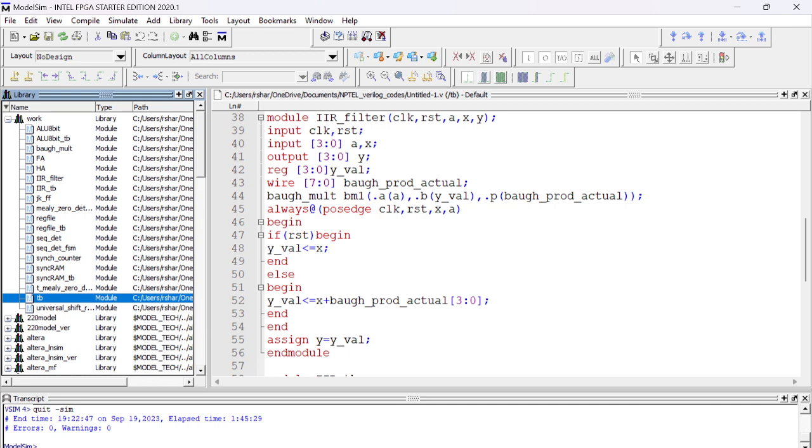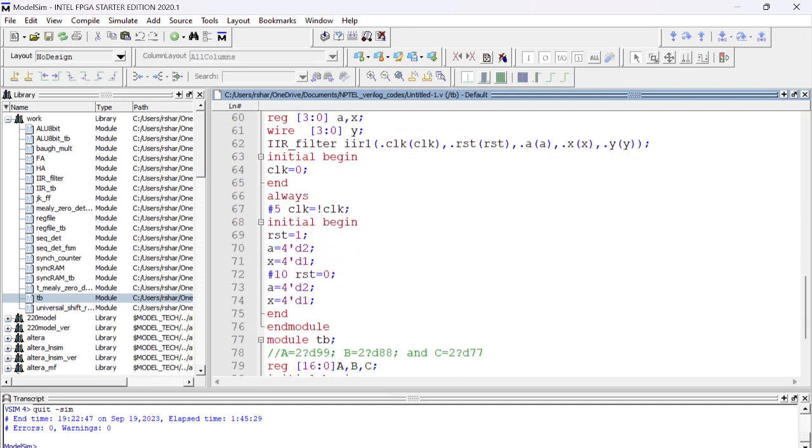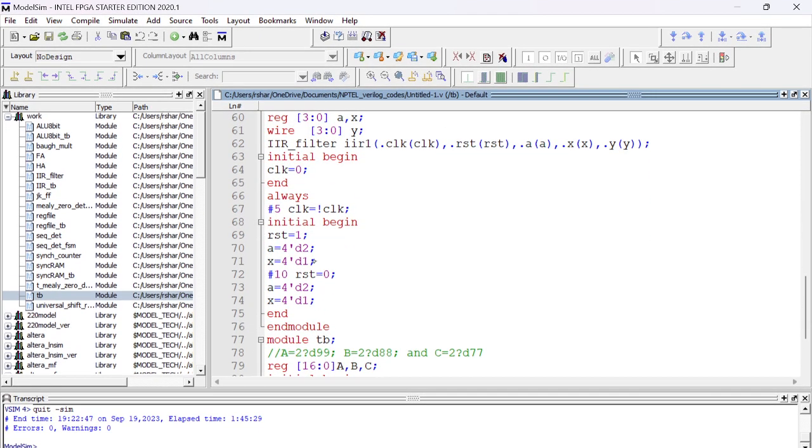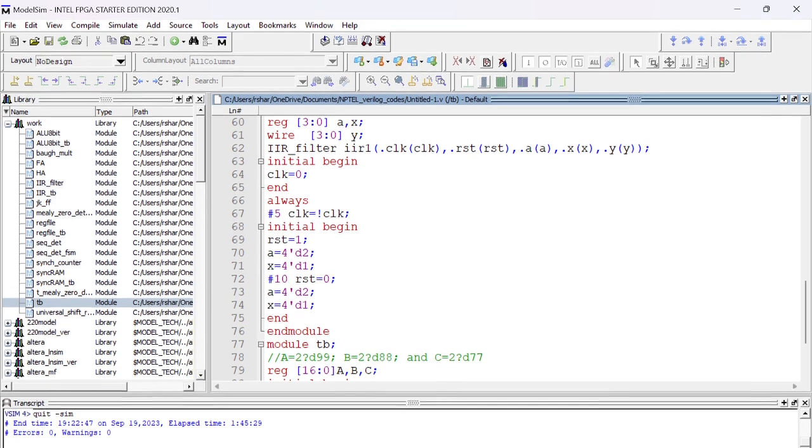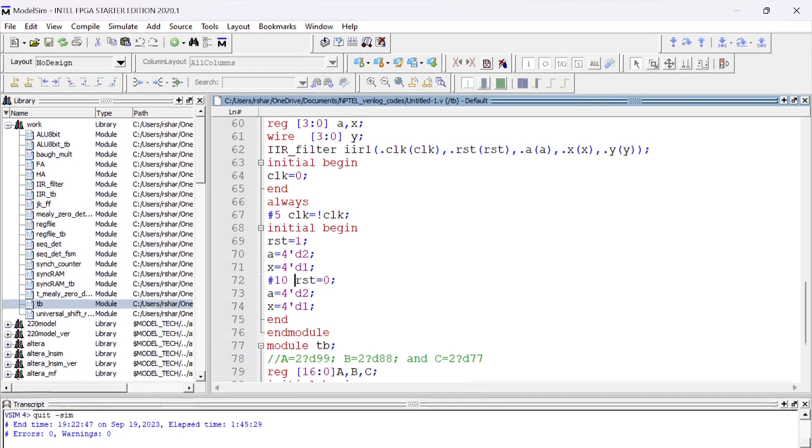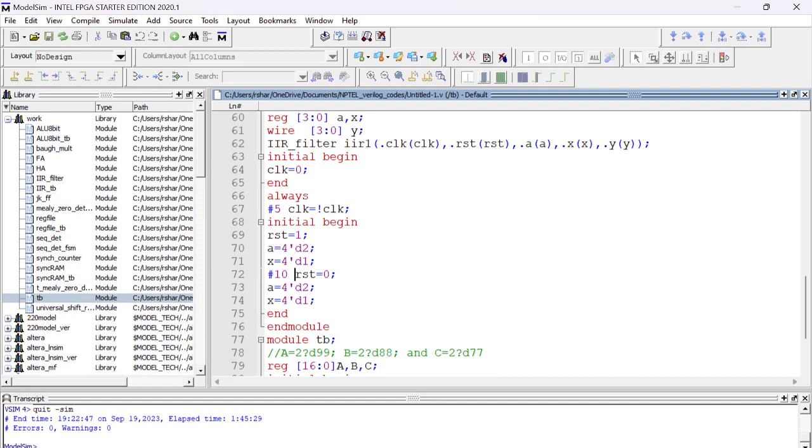Like if we display here, then these values will be displayed at time 0, and these values at time 10. $time is for capturing the time variable, and for displaying the values we will be using $display and $monitor.